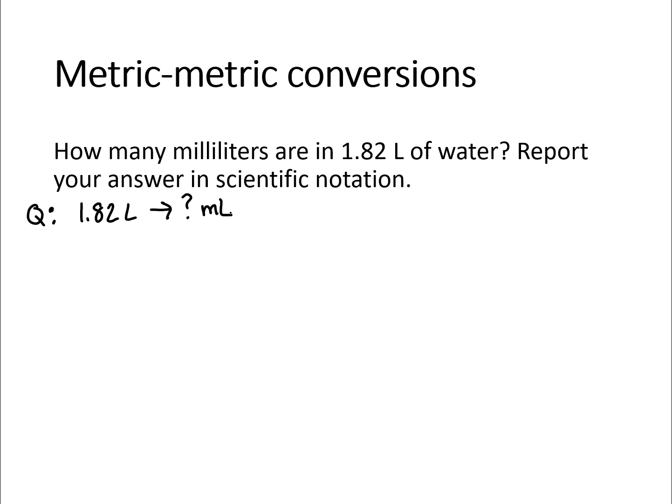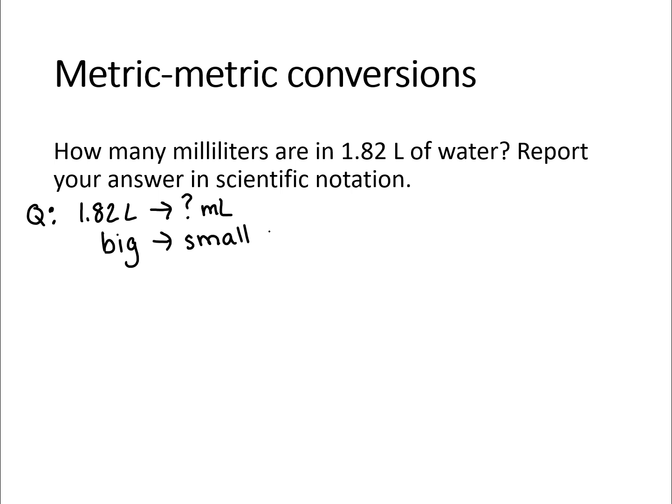Going from liters to milliliters, is that big to small or small to big? I like the abbreviation. You can do that. BTS or STB. I like that because that's a lot to type. So we are going from big to small.